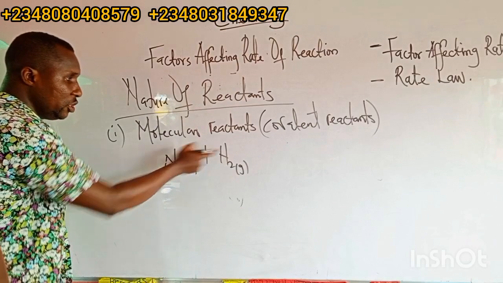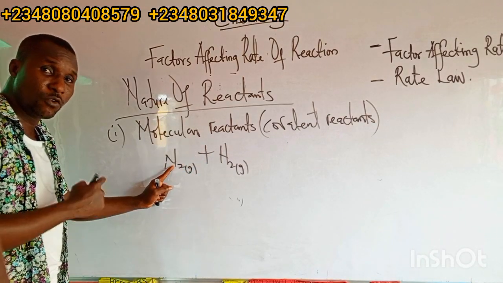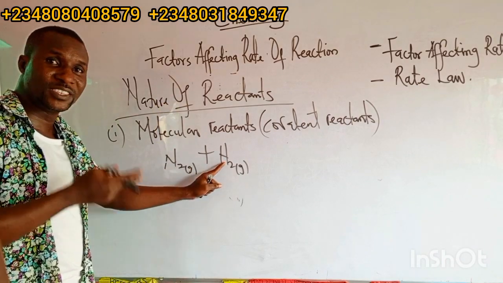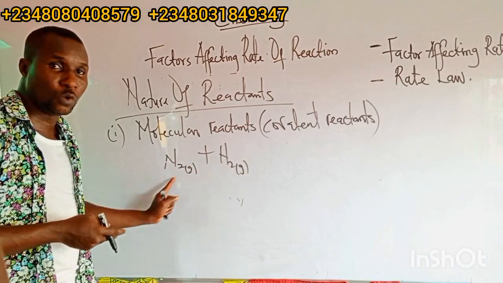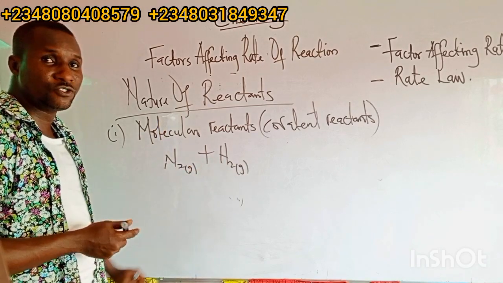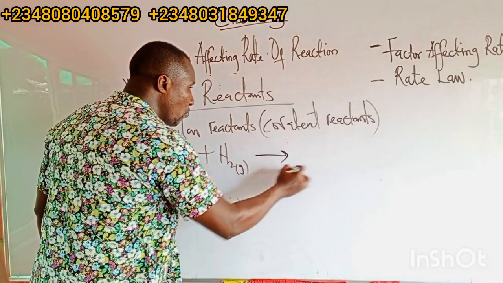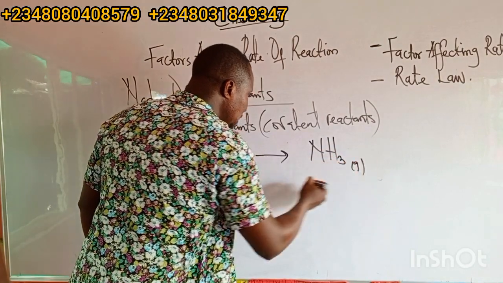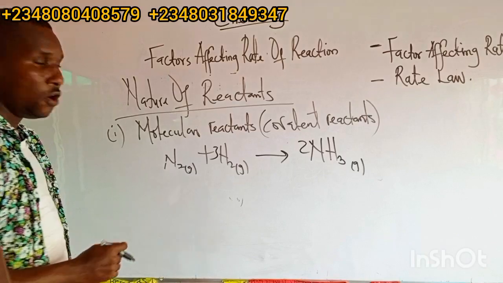Don't forget, nitrogen gas exhibits a triple covalent bond, while hydrogen exhibits a single covalent bond. These are covalent reactants reacting with each other to form ammonia. Ammonia gas is formed.